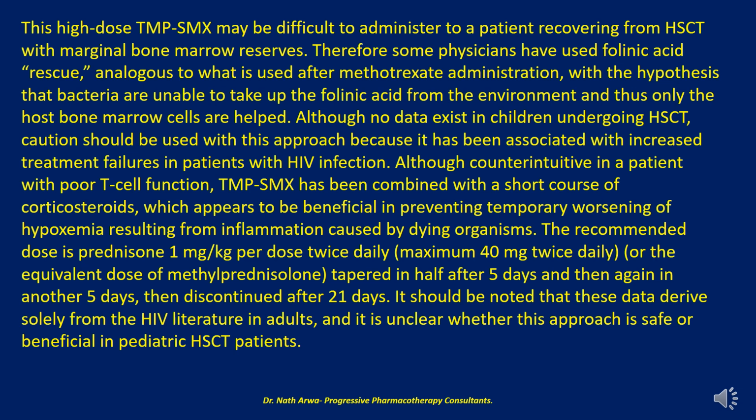That is a maximum 40 mg twice daily, or the equivalent dose of methylprednisolone, tapered in half after 5 days and then again in another 5 days, then discontinued after 21 days. It should be noted that these data derive solely from the HIV literature in adults, and it is unclear whether this approach is safe or beneficial in pediatric hematopoietic stem cell transplantation patients.